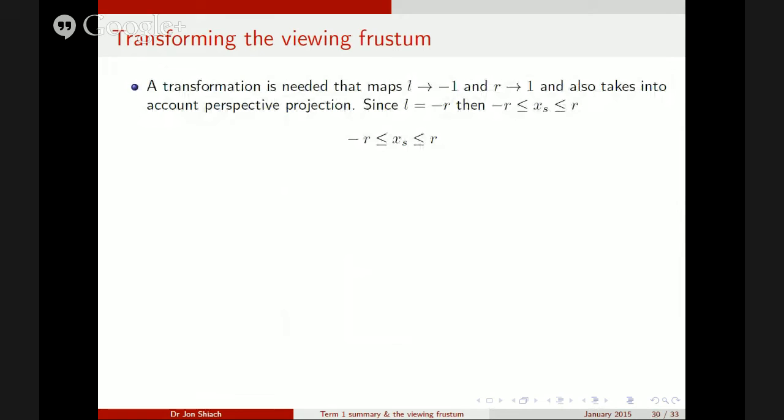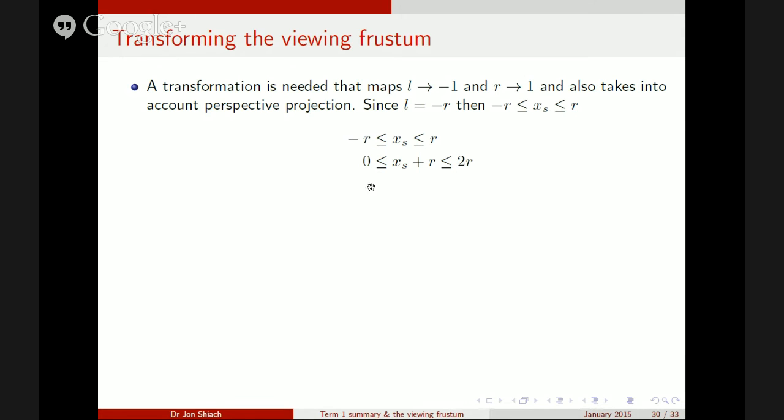What we need is our X coordinate for our screen space to be somewhere in this range, -R to R. I want to apply some sort of jiggery-pokery to this, so that the number on the left is -1 and the number on the right is 1. To do that, add R to all three parts.